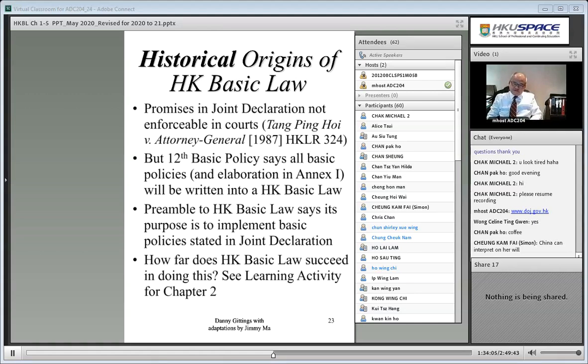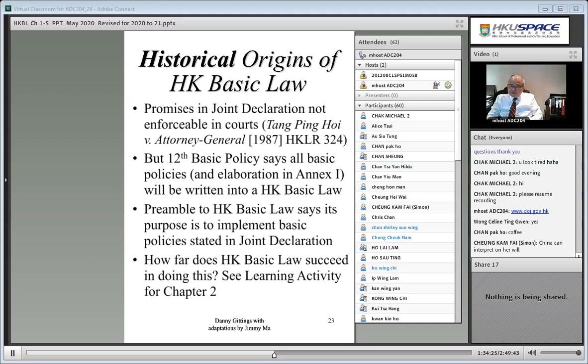Although they look like promises, as a matter of common law, they are not enforceable in the courts. This legal position was reaffirmed in the case of Tang Ping Hoi back in 1987.